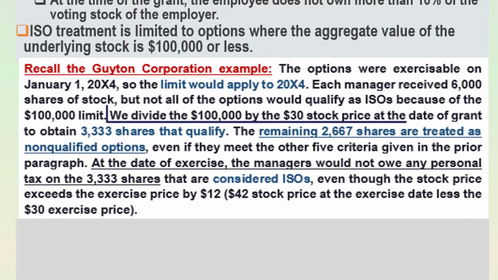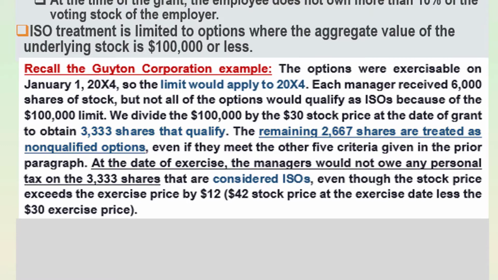So we'll divide $100,000 by the $30 stock price at the date of the grant. And so we will get 3,333 shares that qualify. So the remaining 2,667 shares will be treated as non-qualified options, even if they have met the other 5 criteria that I mentioned earlier.